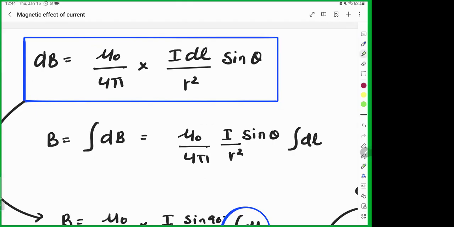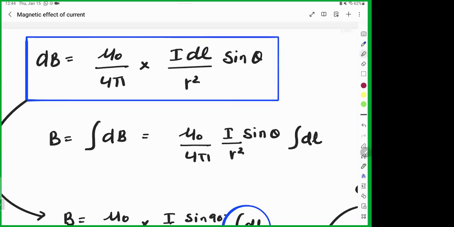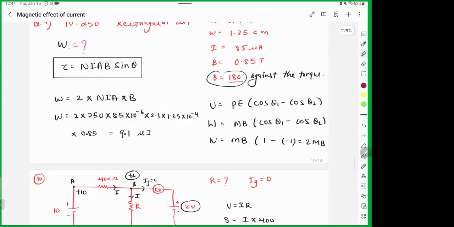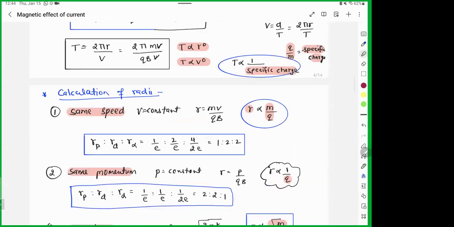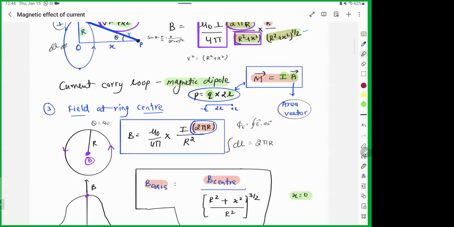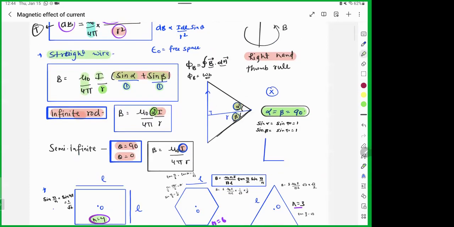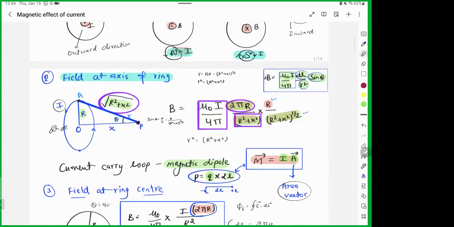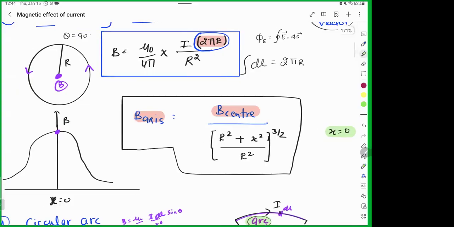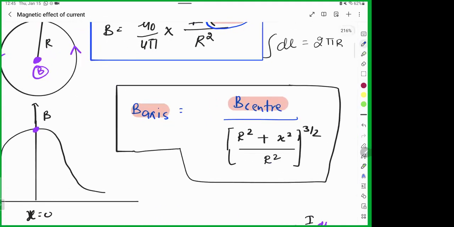Sir, I have a doubt in how the magnetic field at axis is equal to the center divided by r square plus h square. See, you don't need to focus much on this part because you will be confused. If you are asking about this, right? Yes.